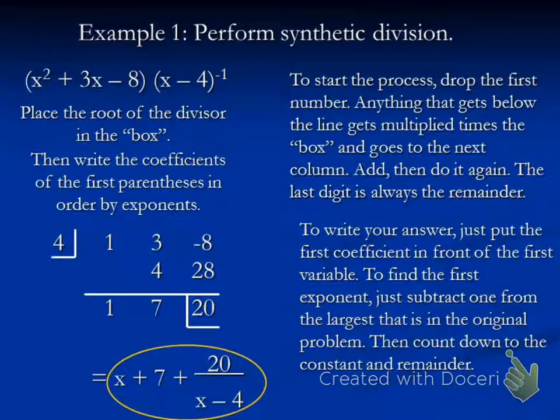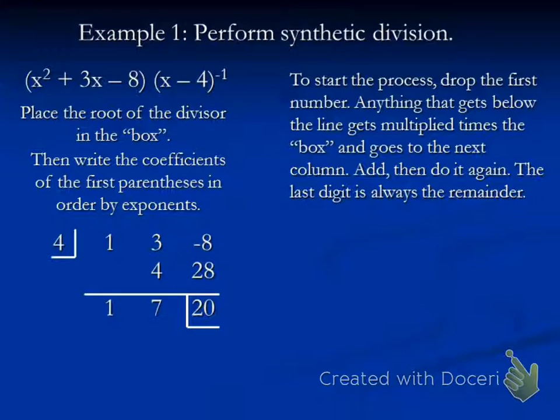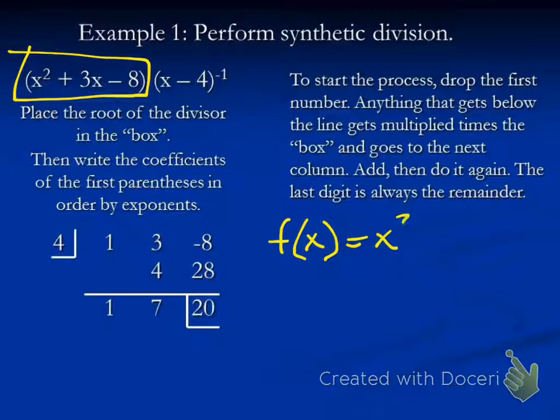Now, before we move on, I have to make this observation. All right. If we were looking at x squared plus 3x minus 8 as a function, f of x equals x squared plus 3x minus 8, f of 4 would be what the function value is if we plug 4 in for x, right?